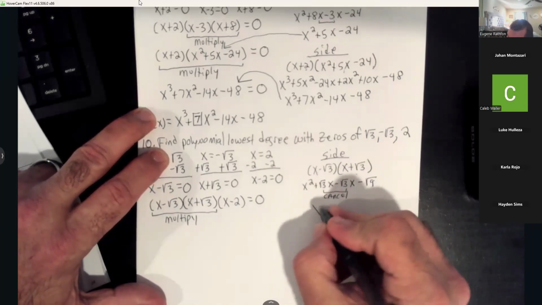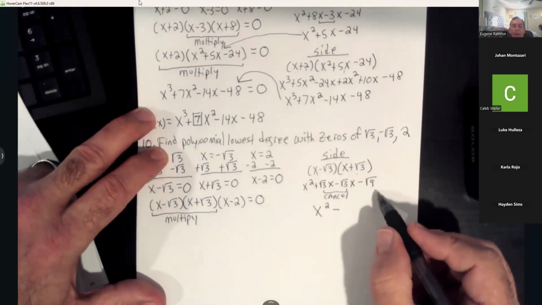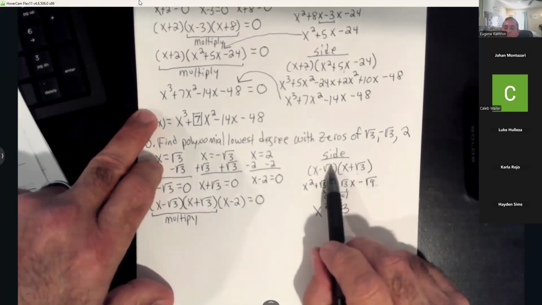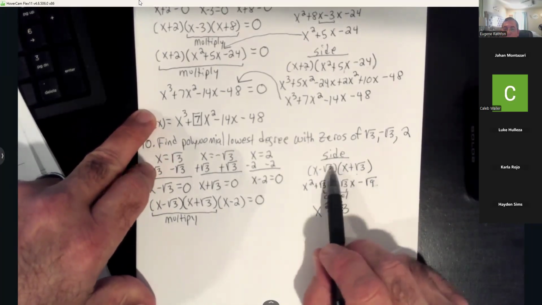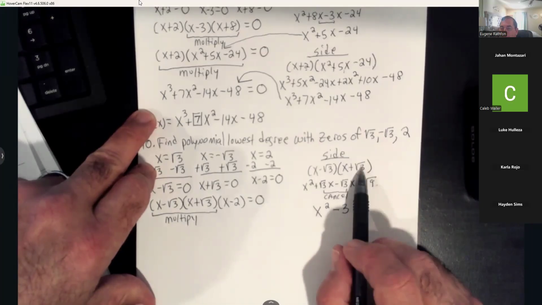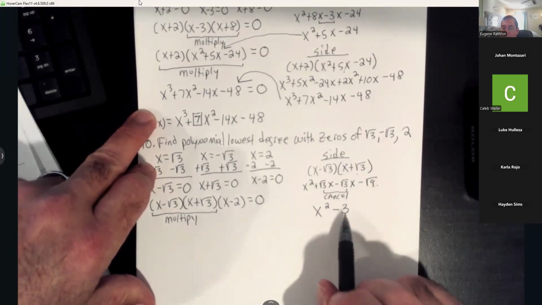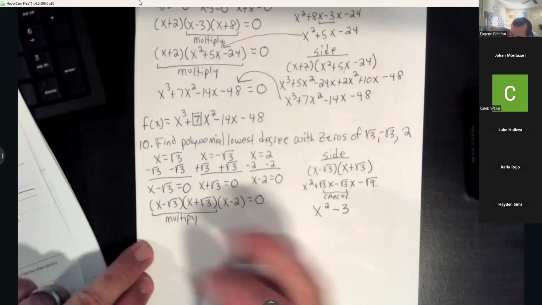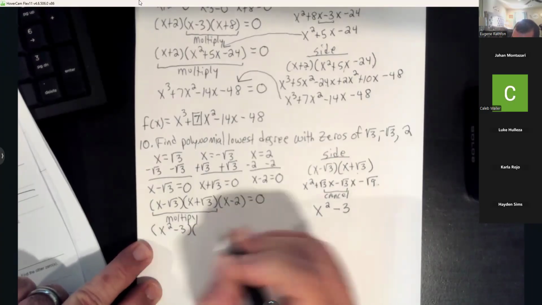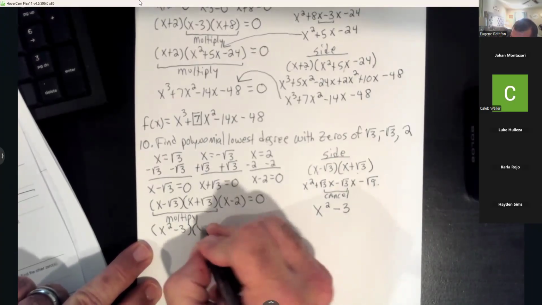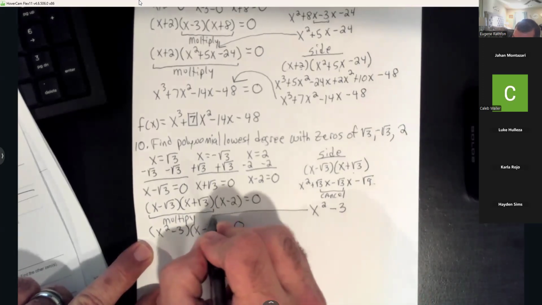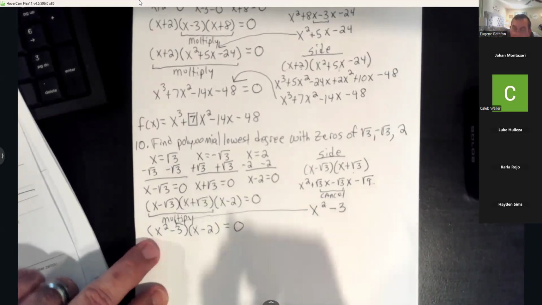So I bring down my x squared minus, and y'all look here, the square root of 9 is 3. So remember, I told y'all back in, this would have been in 8.4, that if you multiply a radical times itself, it always equals the number under the radical, okay? So bring that over here. x squared minus 3. That was them two. Bring down the x minus 2. So y'all, that I brought over to here.